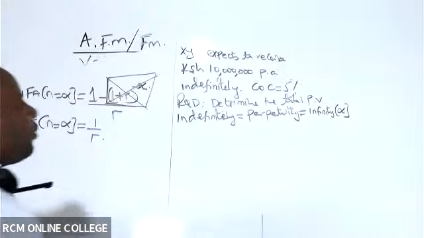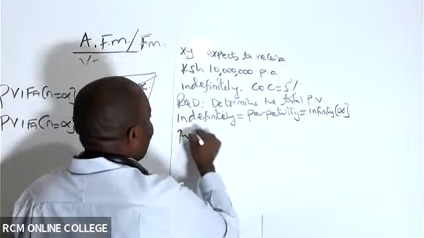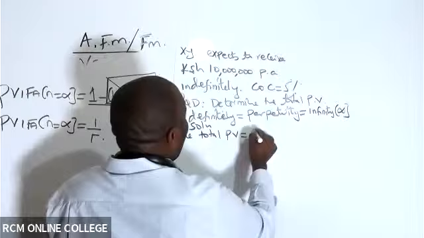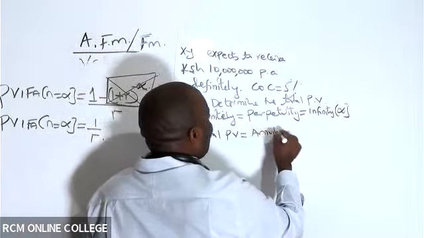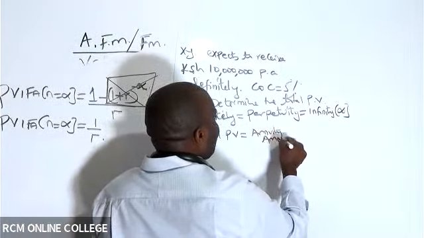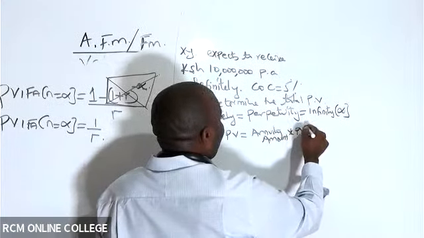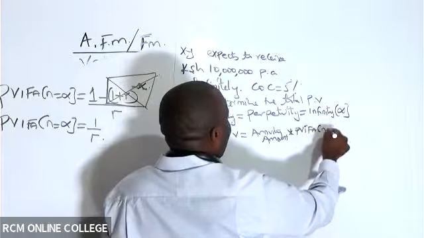In this case, to get the total present value, I will take the annuity amount and multiply it with the PV factor when n is infinity.